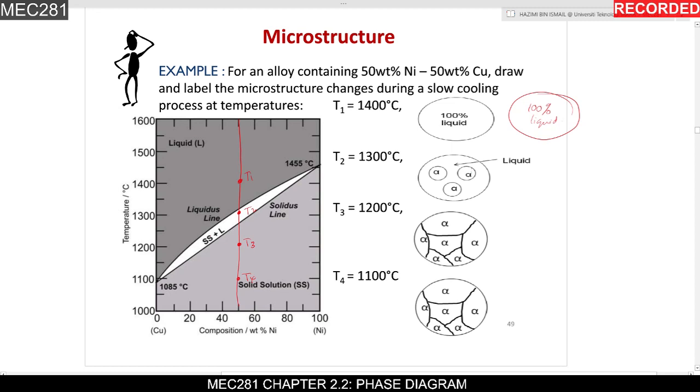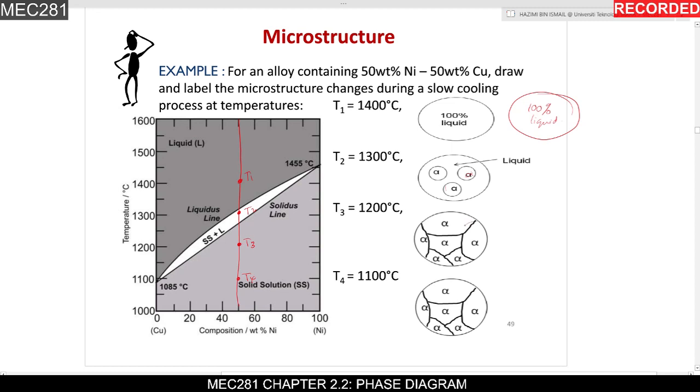So awak tulis, tunjuk lah macam dia tunjuk ni, liquid masih banyak, cuma solid dah wujud alpha. Okay, alpha. Okay, sampailah dekat T3, we know that there is no more liquid phase. Okay, so ni 100%, that one is 100% solid.